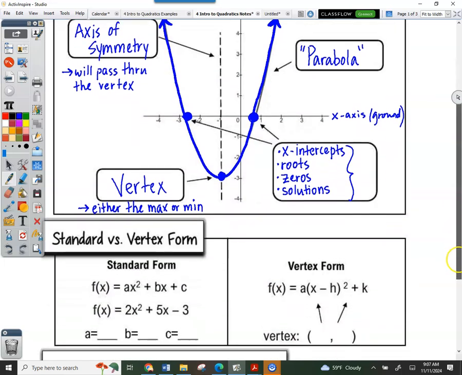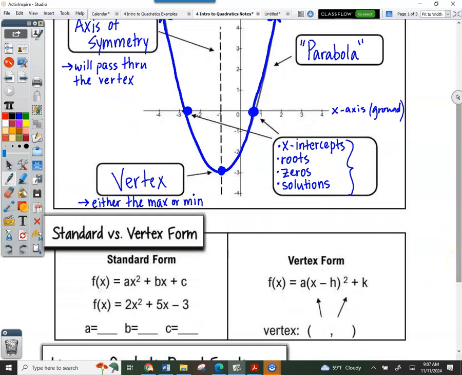Now, quadratics can be presented in two different formats. There's what's called standard form. Standard form or vertex form, okay? Two different formats. Turn to page 3 in your notebook. Flip to 3.